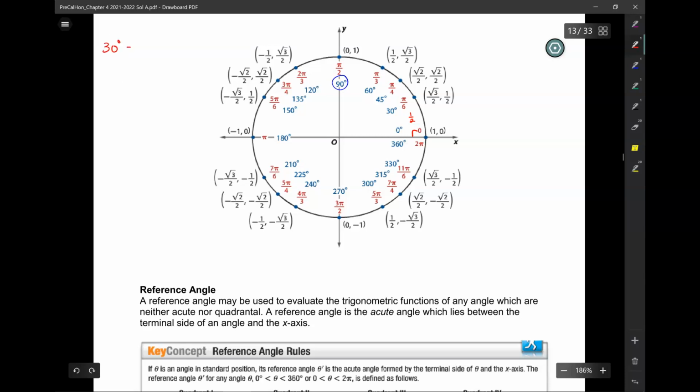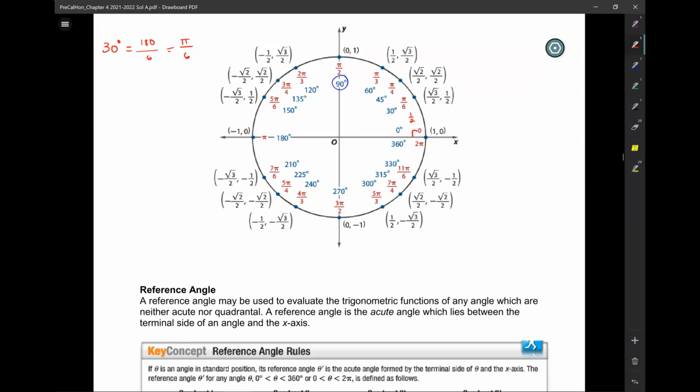30 degrees. Okay? You want to convert it to radian. Here's a quick way to do it. You could do times pi over 180, but here's a quicker way to do it. How much is 180 degrees in radian? It's pi. What would you have to do to 180 in order to get 30? Divide by what? You would have to divide by 6, right? Well, if 180 is pi, then that's pi over 6.